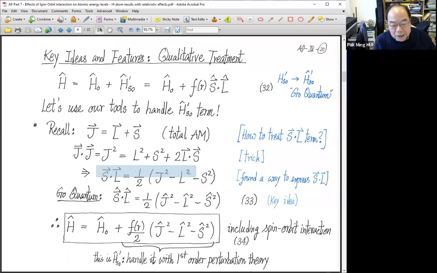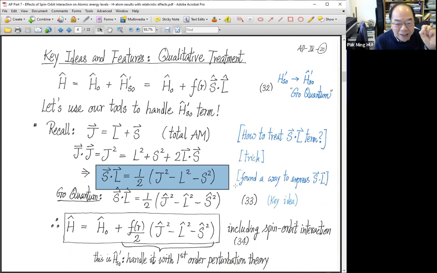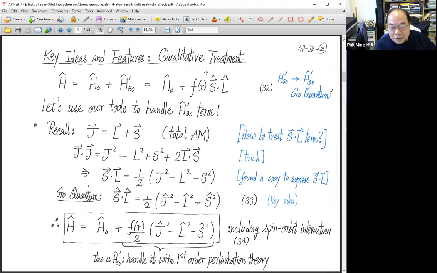This is the key step. And this is the key reason why we spend a few hours to learn all this total angular momentum stuff. All right. So suddenly the last term can be expressed as J square, L square, S square. These are the magnitude squares of 3 angular momenta: total, orbital, and spin. And we know the answer.